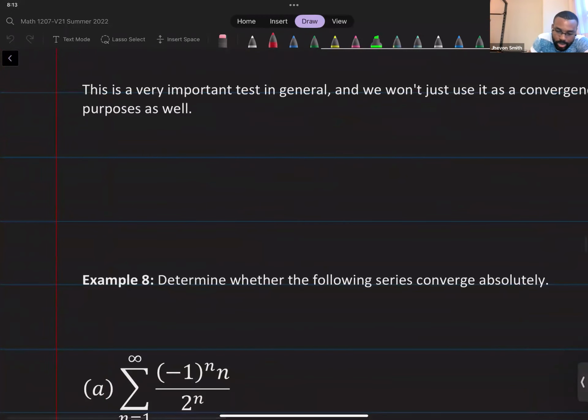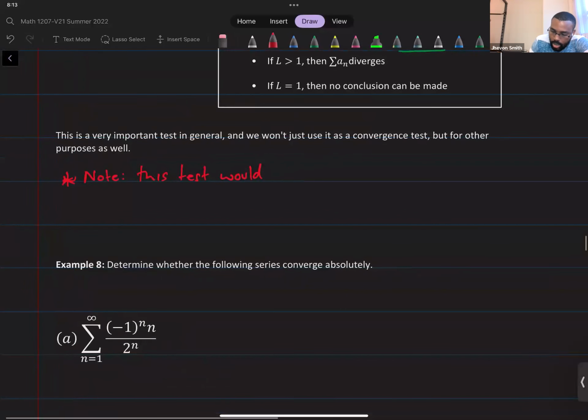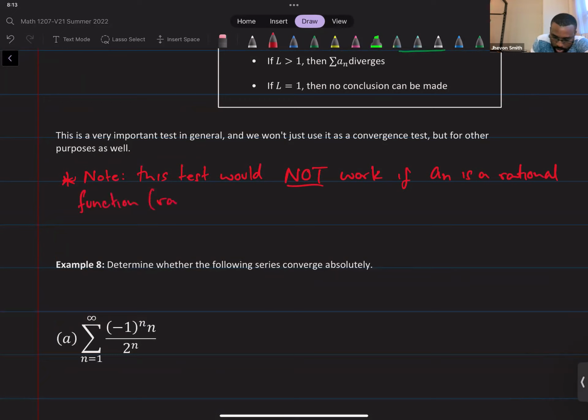I do want you to note this test would not work if a_n is a rational function. Remember what rational function means: the ratio of polynomials. And why? You would always get 1.